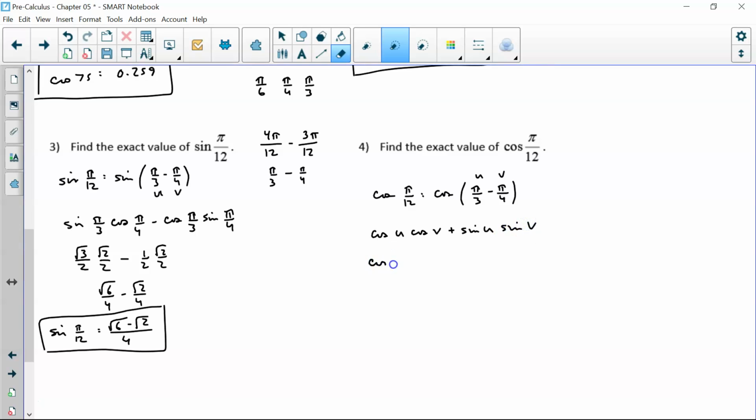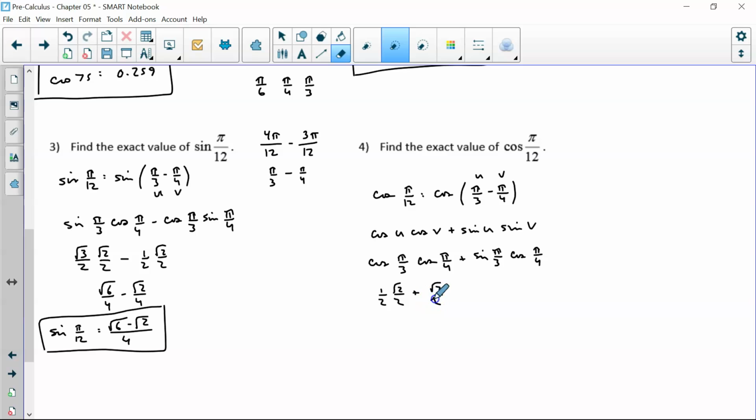So it's the cosine of pi over 3 cosine of pi over 4 plus the sine of pi over 3 sine of pi over 4. And then we fill in our values. The cosine of pi over 3, 1/2. The cosine of pi over 4 is root 2 over 2. Plus sine of pi over 3, root 3 over 2.